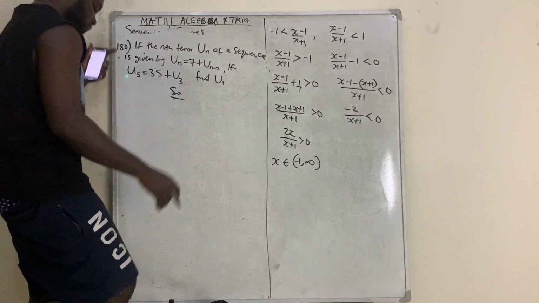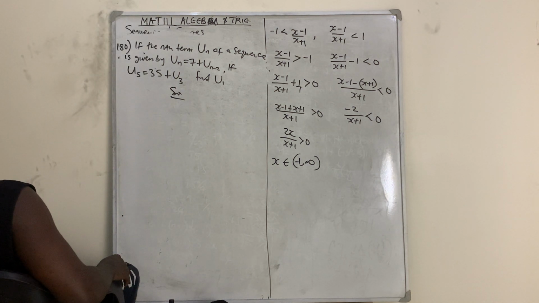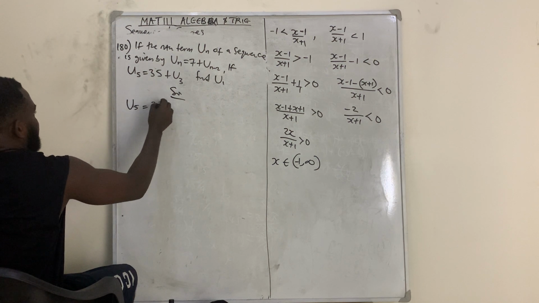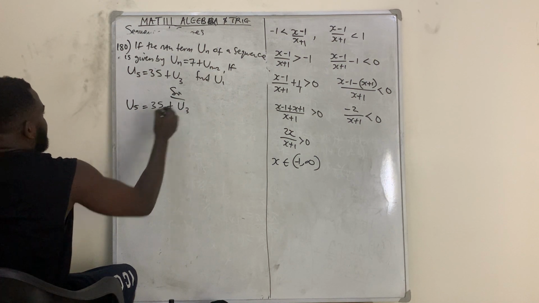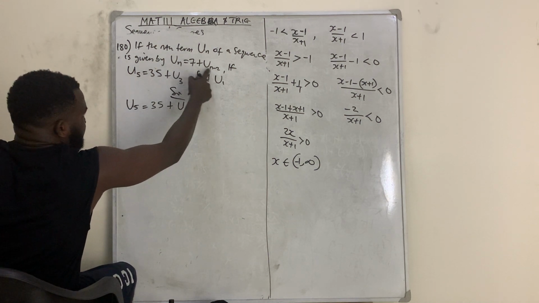Okay, solution. Now they gave us first of all that u5 is equal to 35 plus u3. If you want to get u5, put 5 inside the formula.